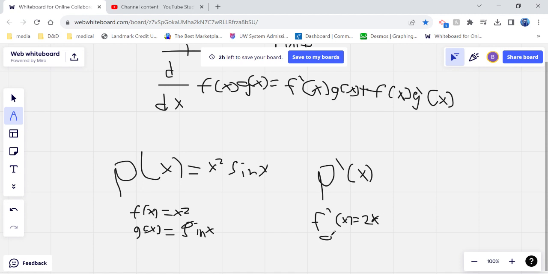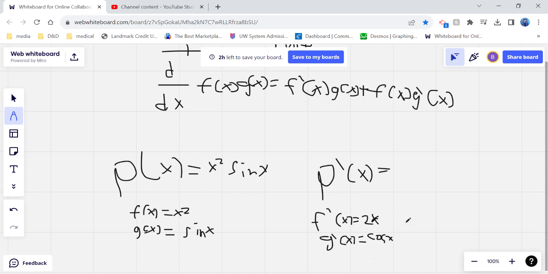And then g prime of x, if g of x equals sine of x, the derivative of that would be cosine x. So now we have every little piece, f of x, g of x, f prime of x, g prime of x, to solve for p prime of x.